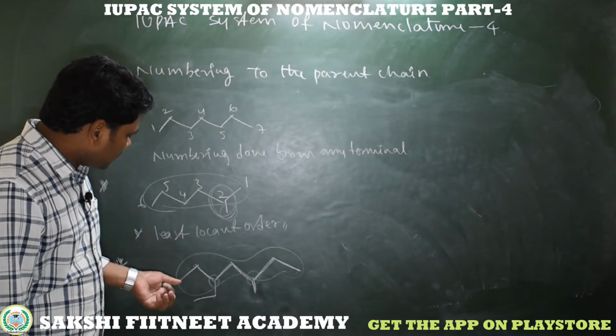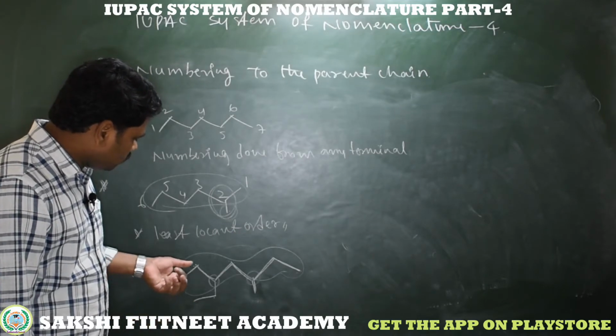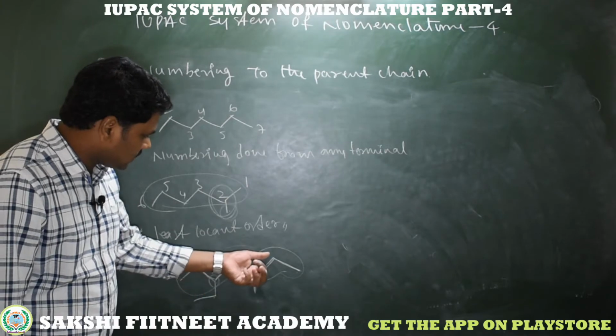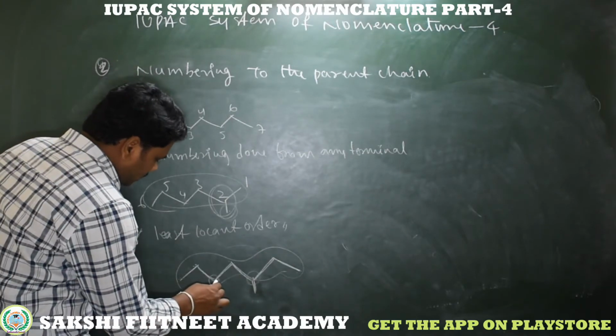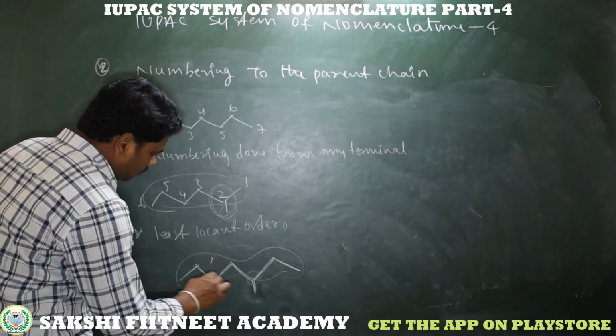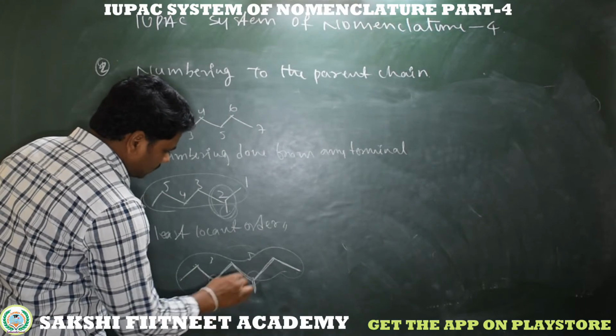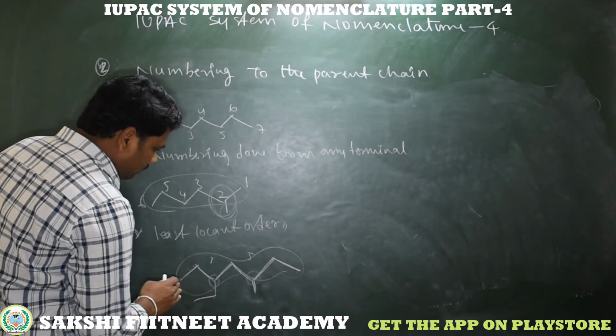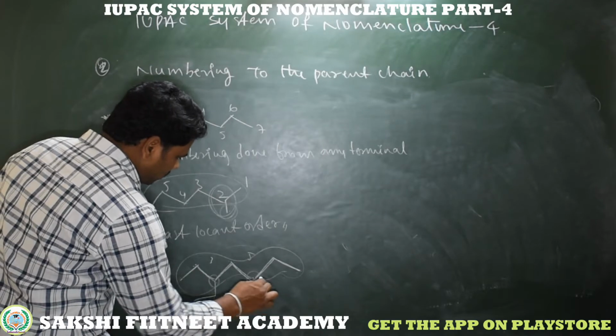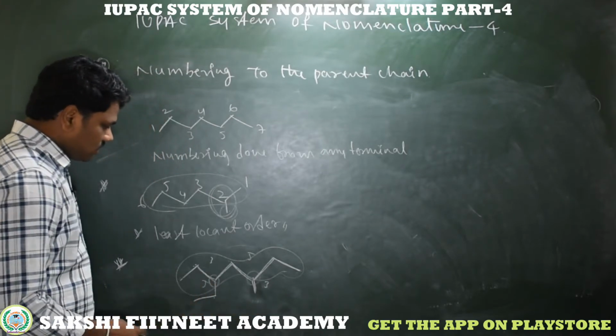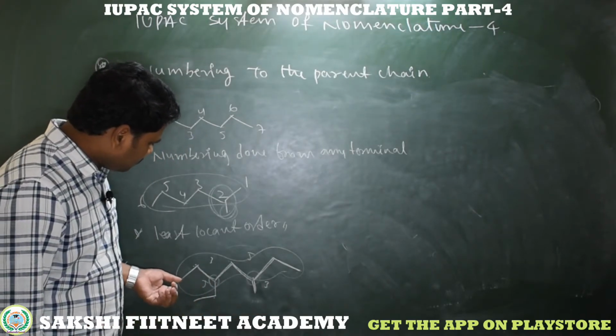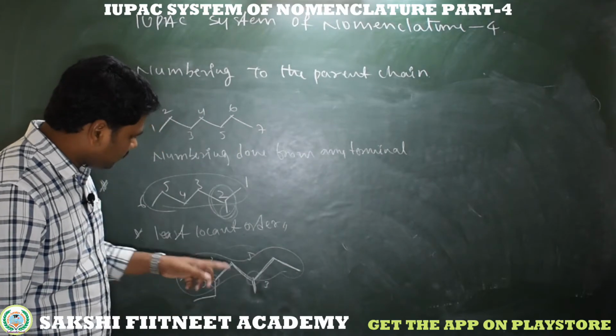Simple. If I start numbering from left 1, 2, 3, 4, 5, 6, 7, this will get the third position, and this will get the 5th position. From right to left also, this will get the third position and this will get the 5th position. So from this side both are getting 3, 5, 3, 5.